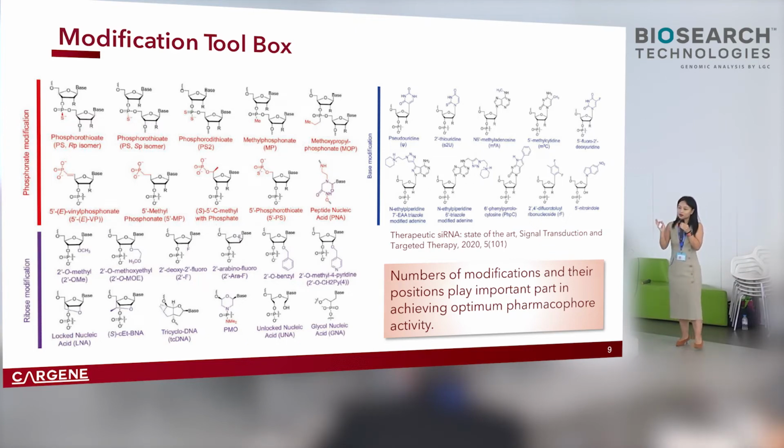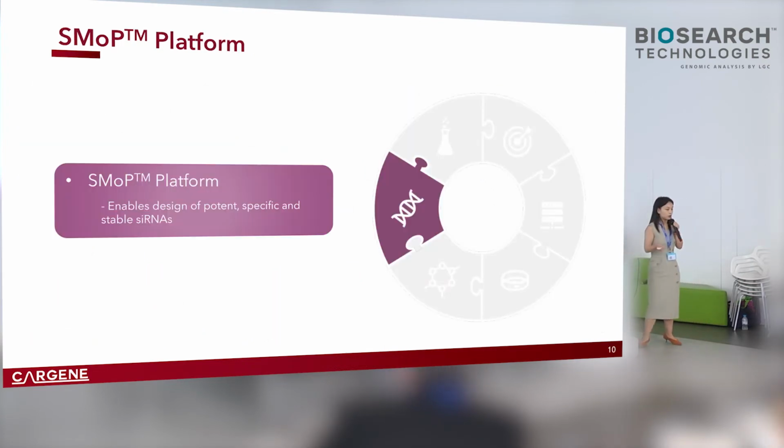So at the end, having this toolbox doesn't mean that if you apply it, you can simply get what you want. The number of modifications you use and the positions that you use them in are also very critical to achieve the optimum effect. So in Cargene, we have developed our own platform to modify the oligonucleotides to achieve the respective effects.